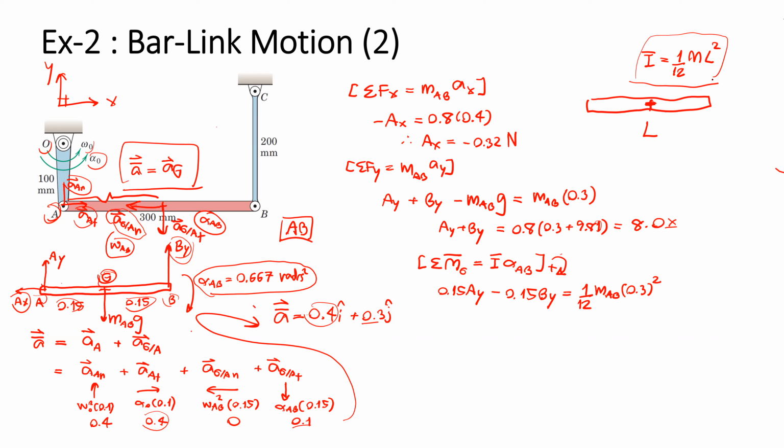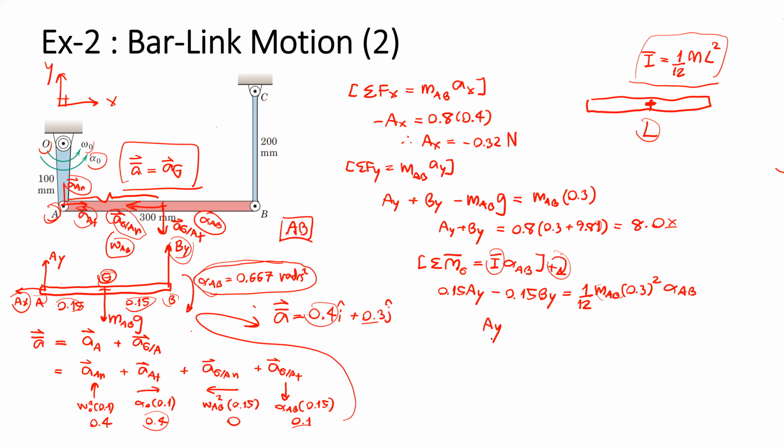So in this case, I bar is 1/12 m L squared, the total L, squared, and alpha of AB positive in the clockwise, and solve the equation.